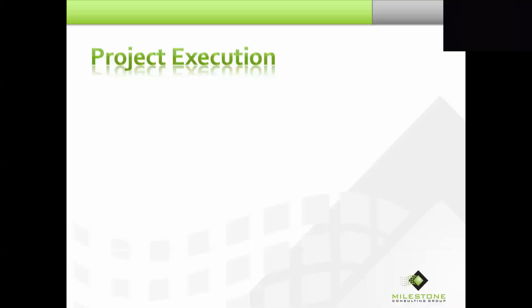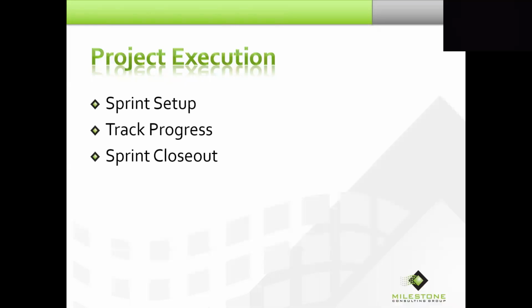During project execution, you're going to use a sprint setup view, very similar to what we did. You're going to track progress, and you're going to perform sprint closeout. And if all you're doing is agile development, you're done. You just repeat those steps over and over again.